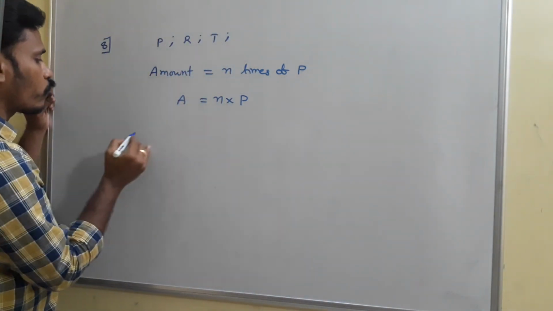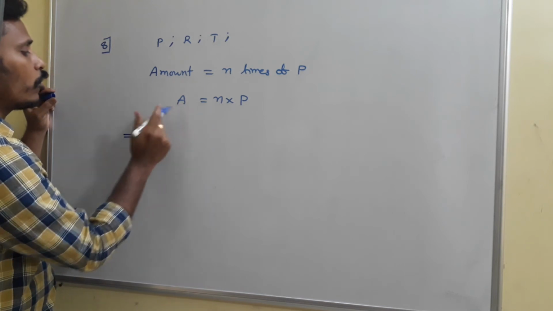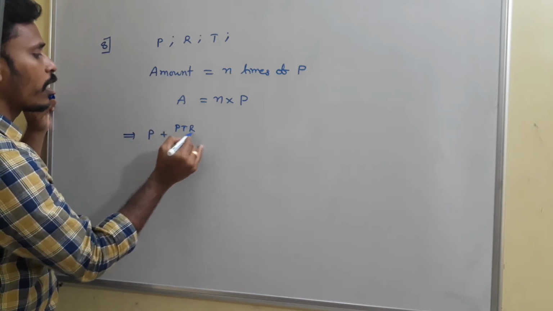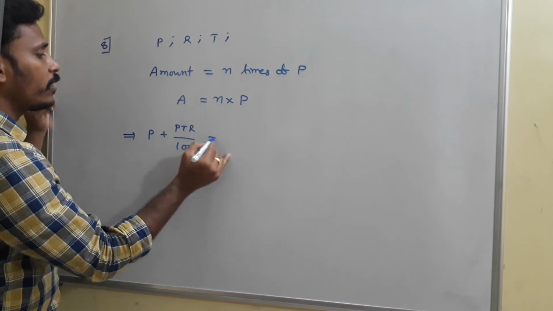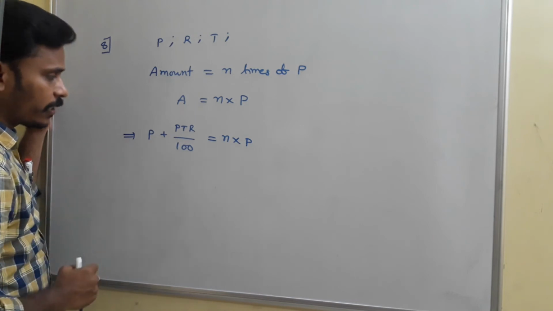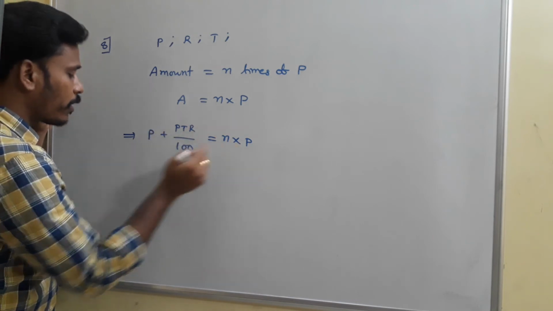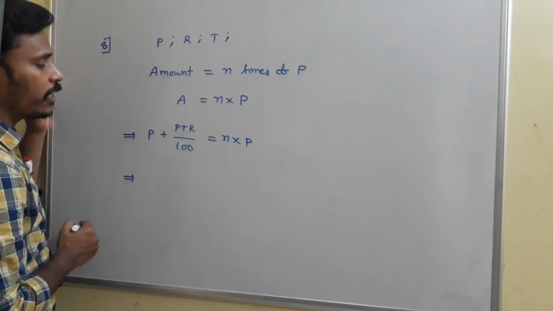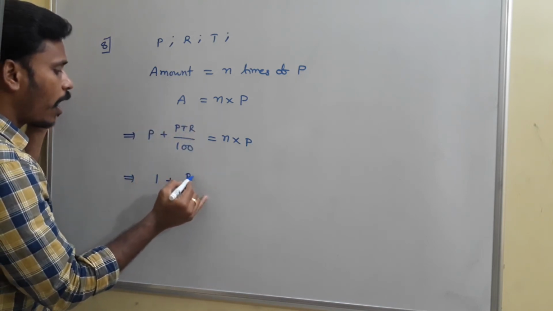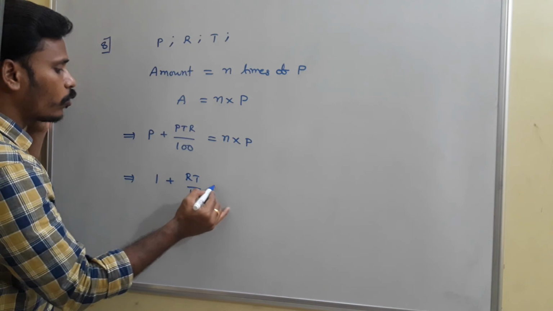See, amount is equal to n times the principal, and we know that amount is equal to principal plus interest, which is PTR by 100, equal to n times the principal. And it is very clear that principal cancels out since it is everywhere. So 1 plus RT by 100 is equal to n.